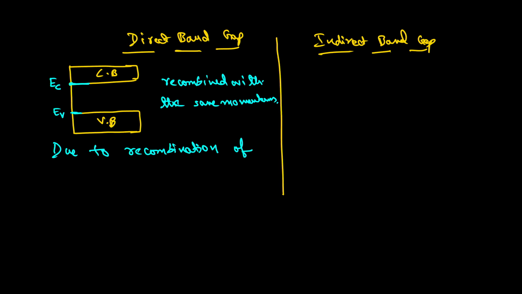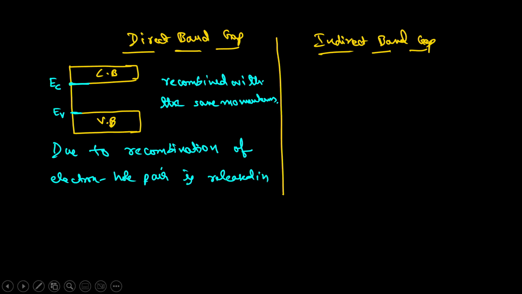One important point: due to recombination of electron hole pair, energy is released in the form of photon. A photon is nothing but light, which has more light and less heat. This band gap is a direct band gap.